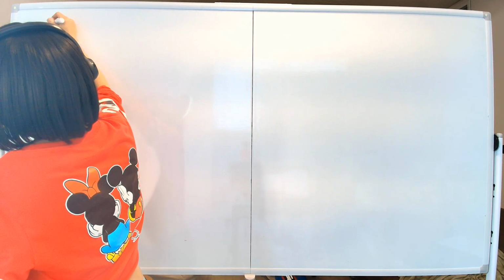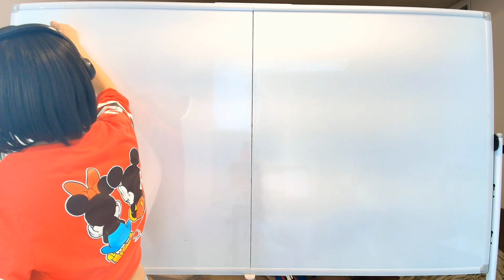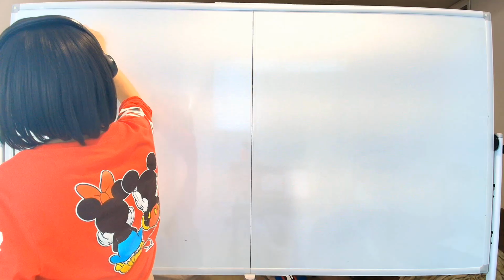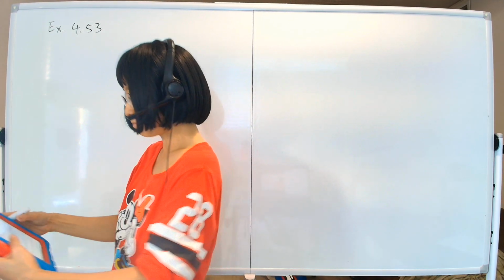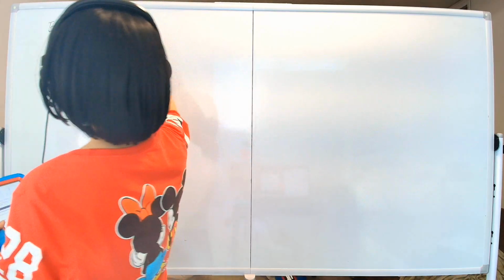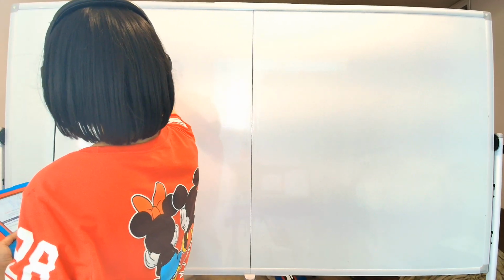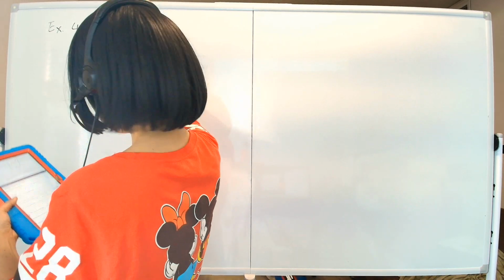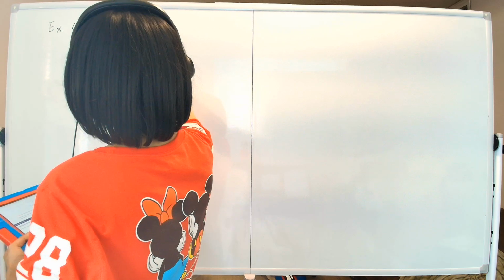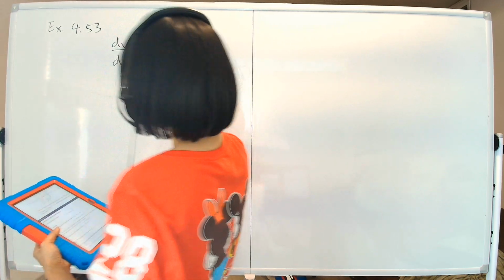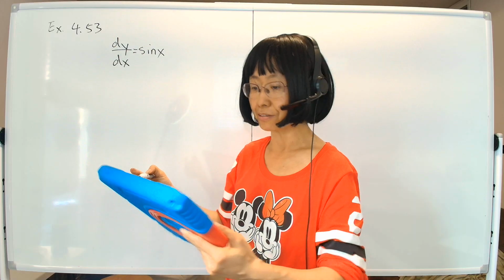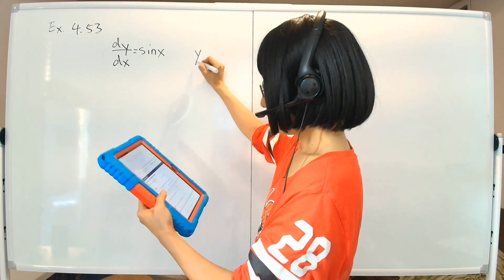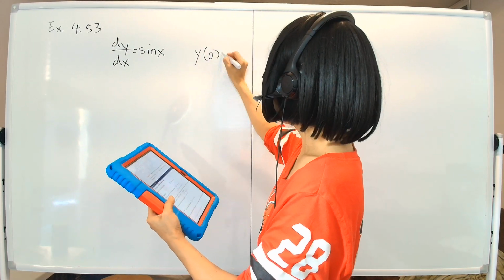All right, so we have a very simple problem, that is dy by dx equals sine of x, but they give you another initial value, which is y at 0 equal to 5.